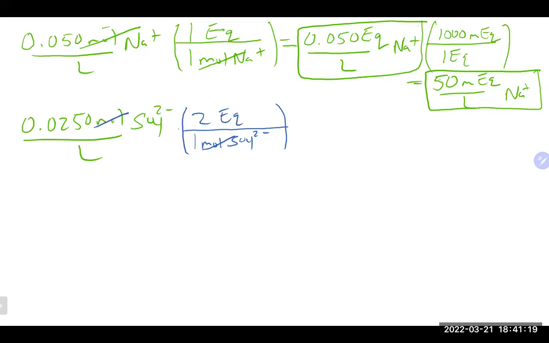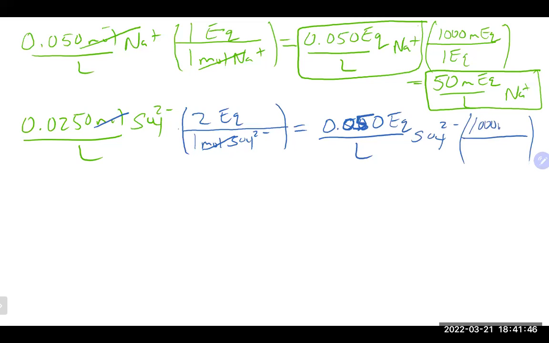The moles will cancel, and this will give me 0.50, I lost the 0 there, 0.050 equivalents per liter of sulfate, which we can also convert into milli equivalents by using the same conversion as above. That 1,000 milli equivalents is 1 equivalent, and that would give us 50 milli equivalents per liter of sulfate.